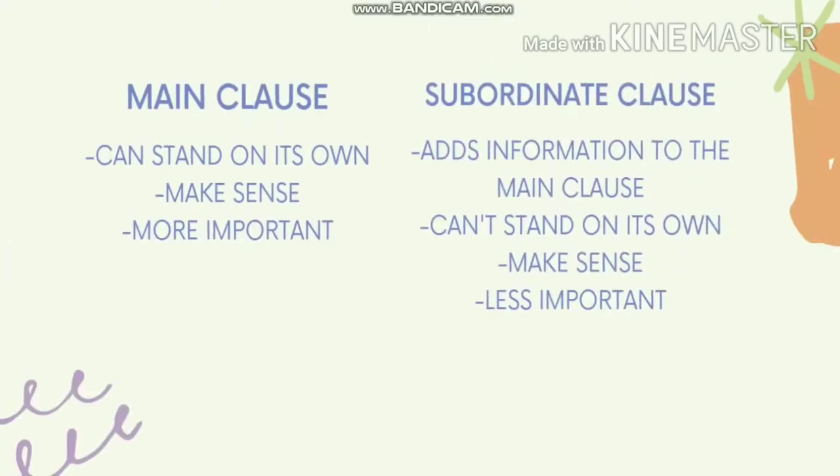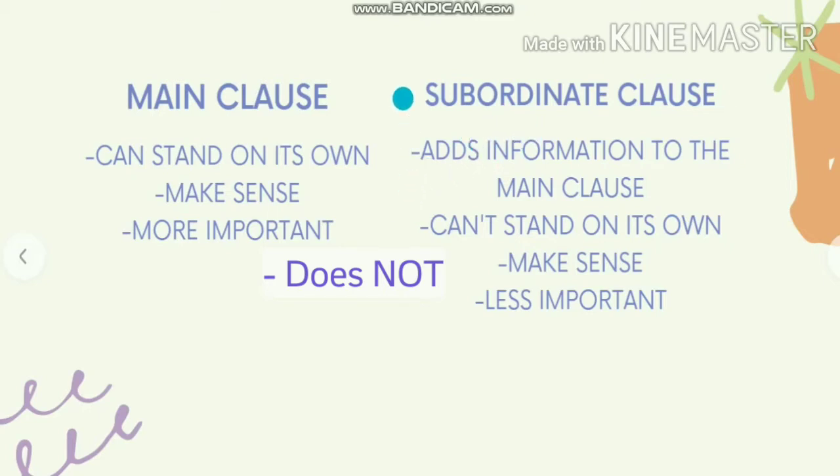Let's list down the differences between a main clause and a subordinate one. The main clause can stand on its own, or it makes sense. And if we make a rank, it is more important than the subordinate clause.